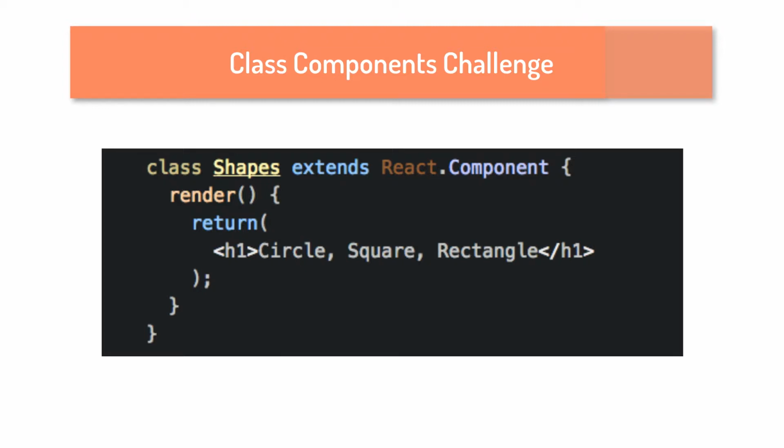Also, in our syntax, we pointed out that we are using the class keyword to extend the React.Component from the React package. Also, new to us was the render method that will be required with class components, and then we saw the familiar return statement from our stateless functional components. Alright, let's head into the code.